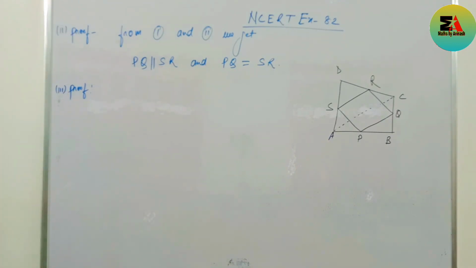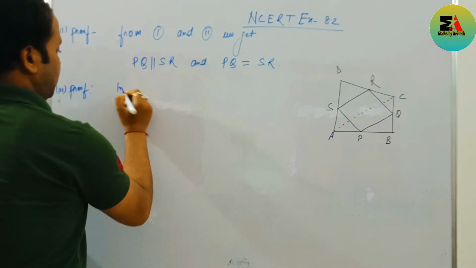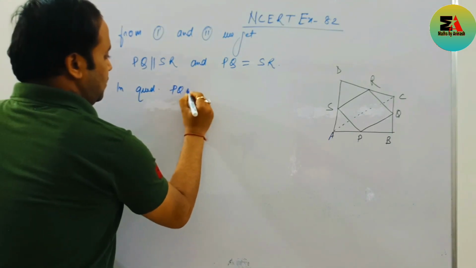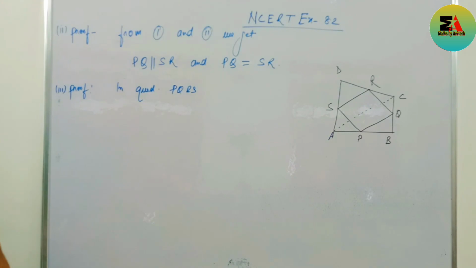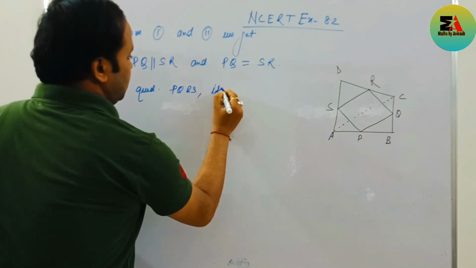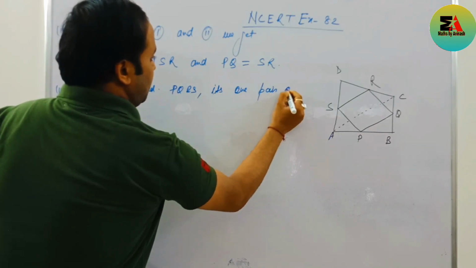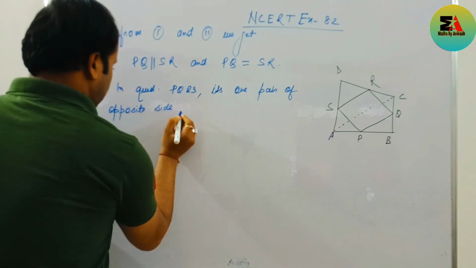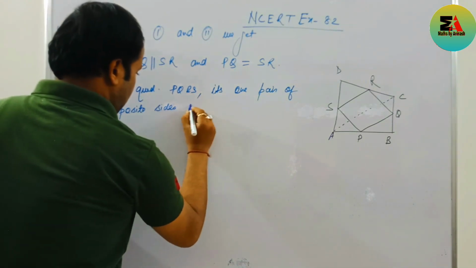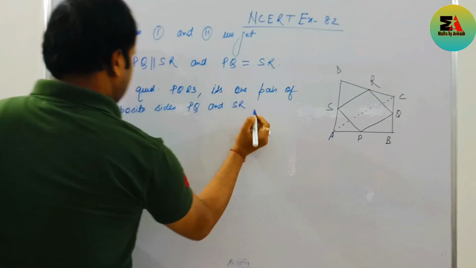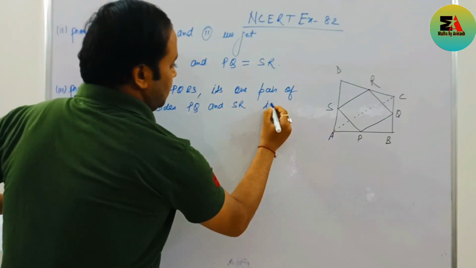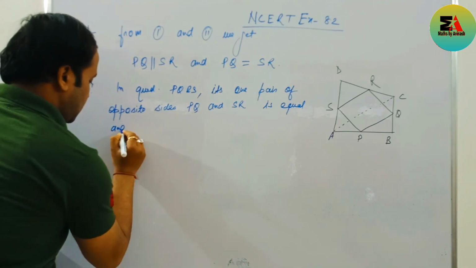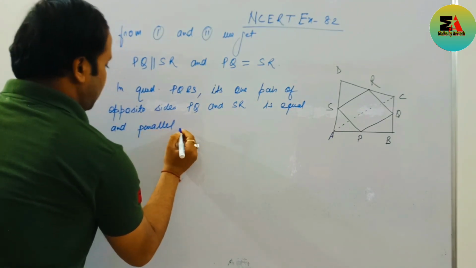Now we shall move on to the third proof. In quadrilateral PQRS, one pair of opposite sides, PQ and SR, is equal and parallel.